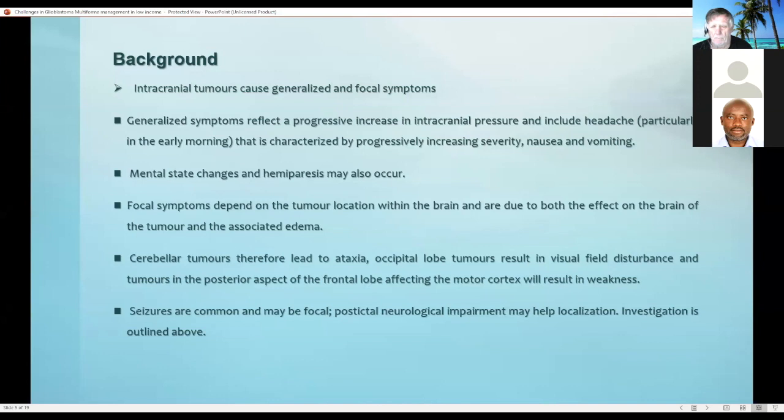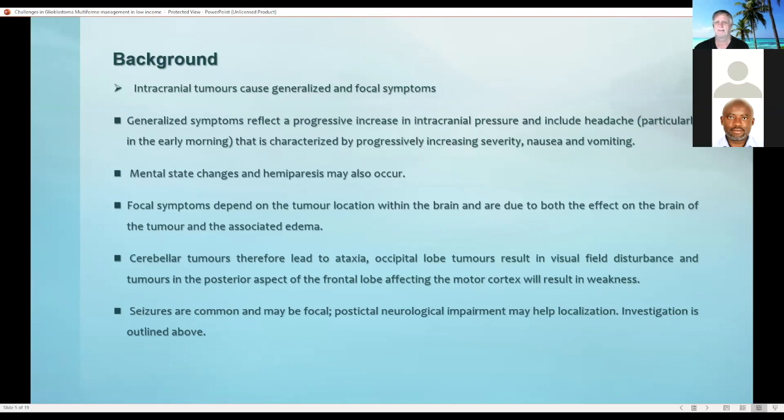We have nausea and vomiting as general symptoms of intracranial pressure, due in this case to tumors. Mental state changes and hemiparesis can also occur. Focal symptoms depend on the tumor location, in which lobe the tumor is.